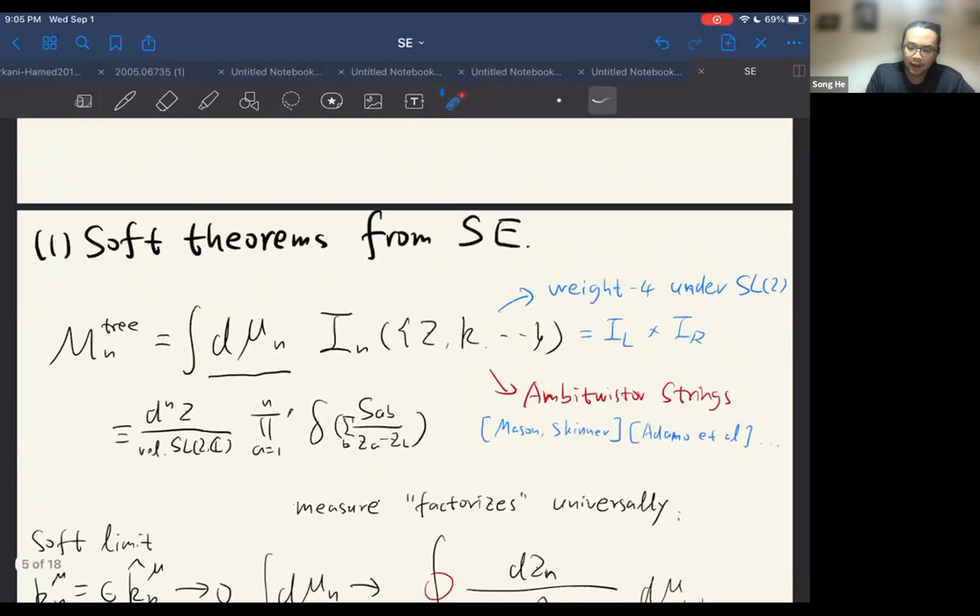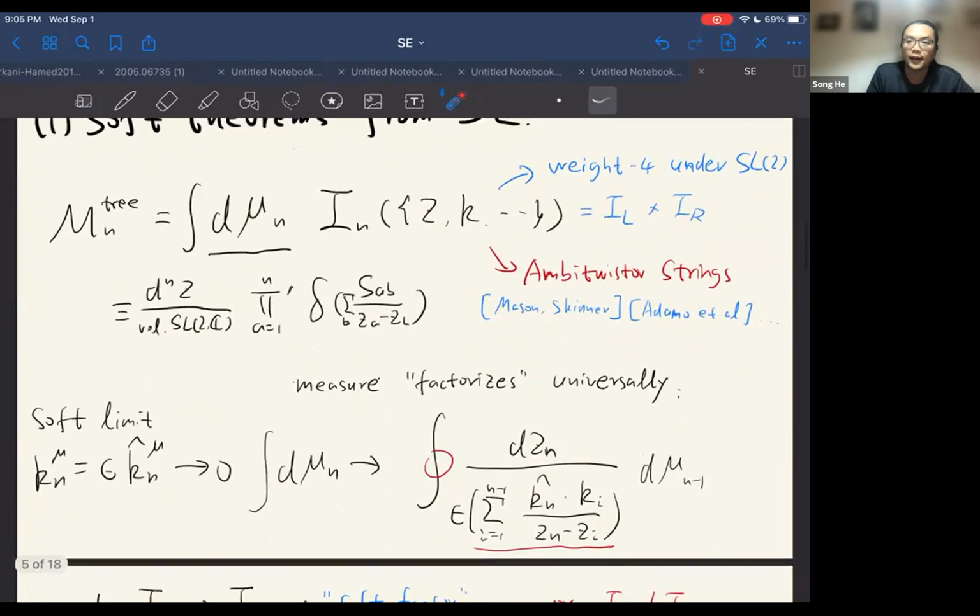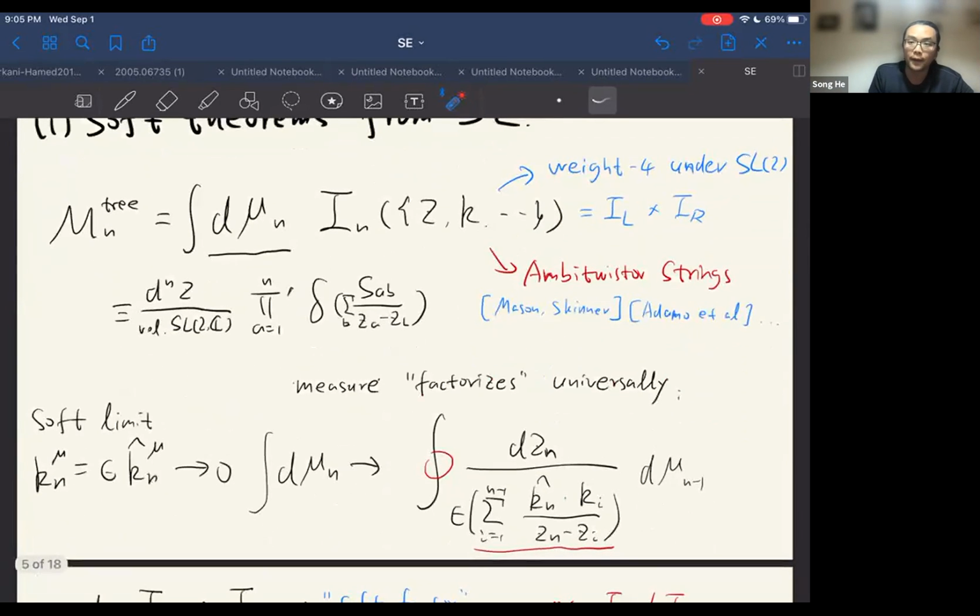And I want to derive soft theorems here as generally as possible. So what I want to look at first is the measure. This is in the original CHY paper: the first thing you'll notice is that when you take the soft limit of a particle, the measure actually factorizes quite universally.